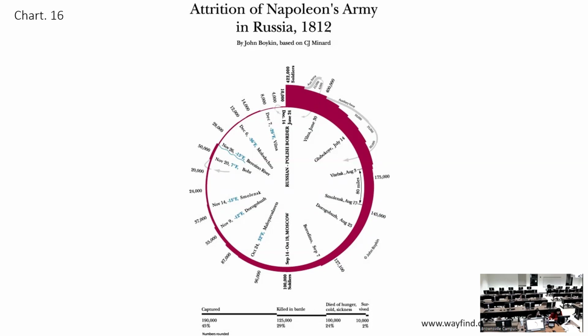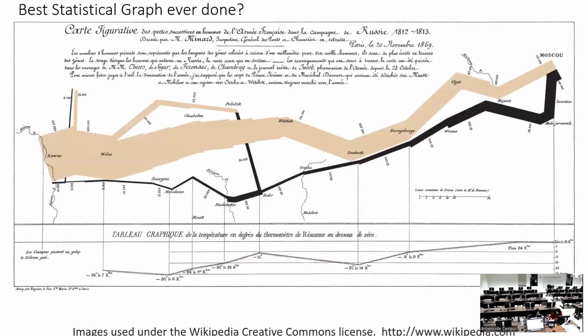So those are some of the great graphical presentations. Again, Tufte said this is the best statistical graph ever done. You don't have to agree with him, but what do you guys think about this graph? Is that what the software Tableau is named after? Tableau, I think they used this one. Maybe they used it, yeah, that might be the reason.